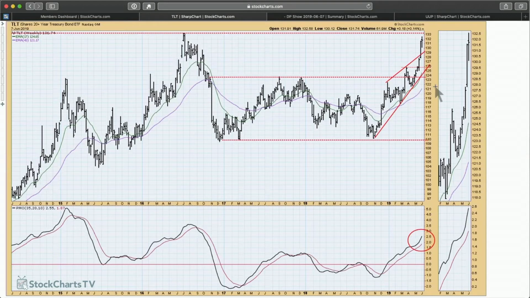Okay, you can see long-term resistance just not too far ahead. A very strong weekly PMO. You just have to see. But again, I think bonds are not going to run too much more. I think they've pretty much run out of what they're capable of going up on the upside.